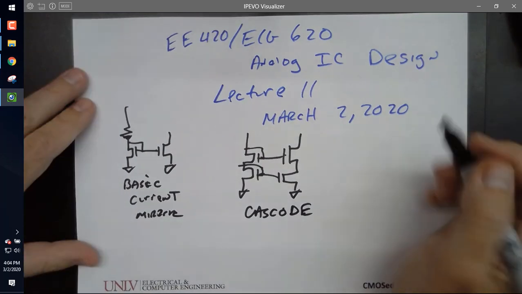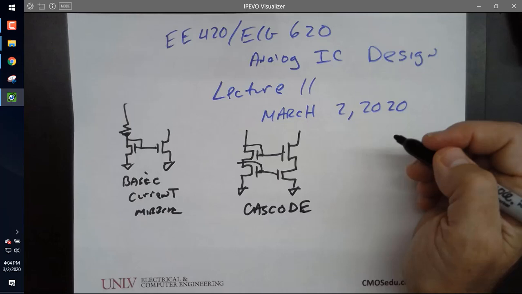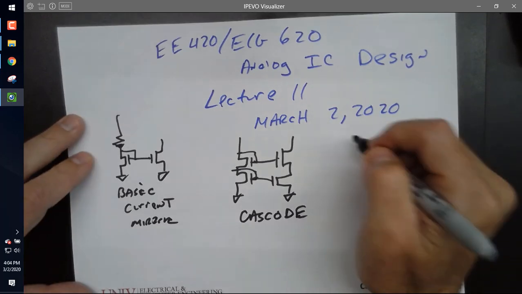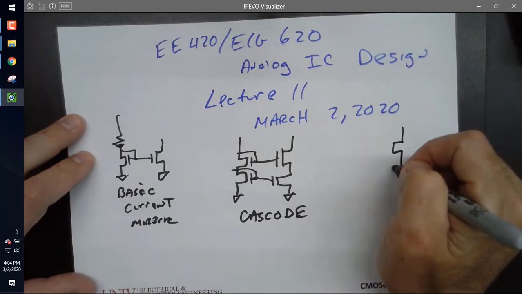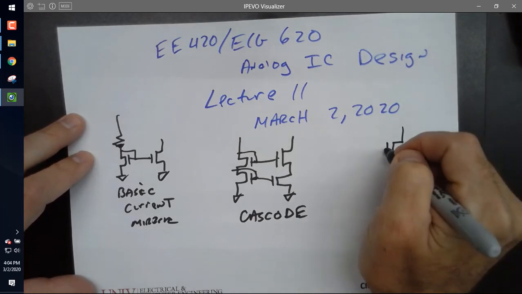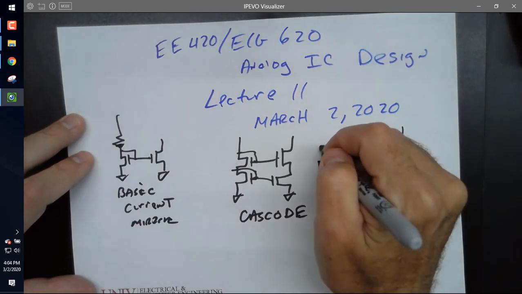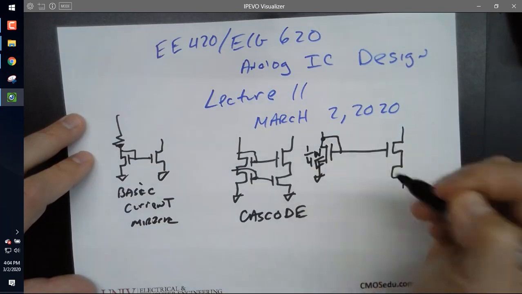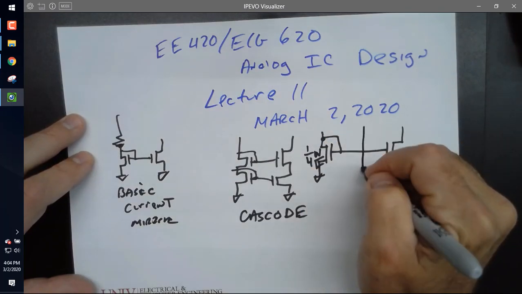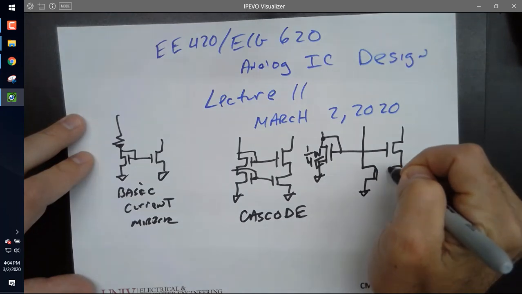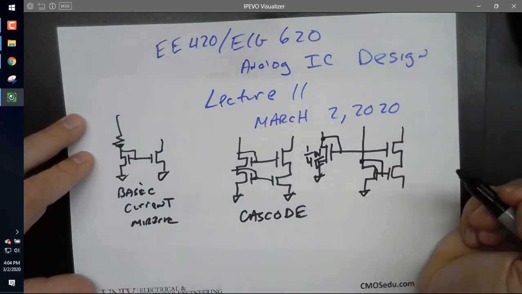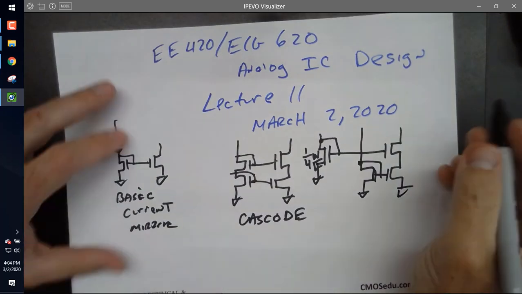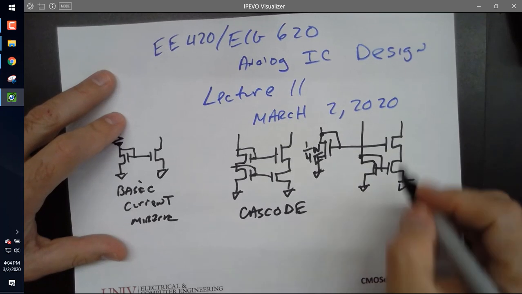Then we went to the wide swing cascode, which looks like this. So this is the wide swing.